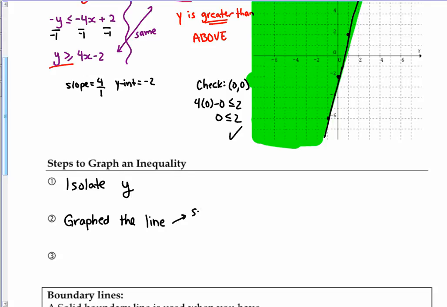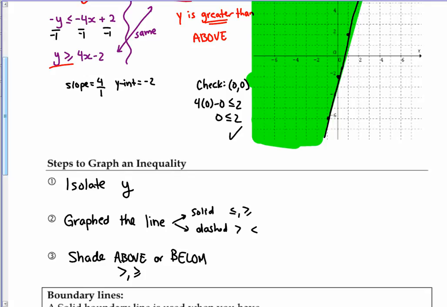So it's either going to be solid or dashed. The last thing we did. Shade. Above or below. So above is for greater than. Y is greater than.